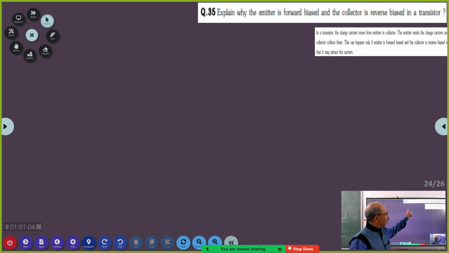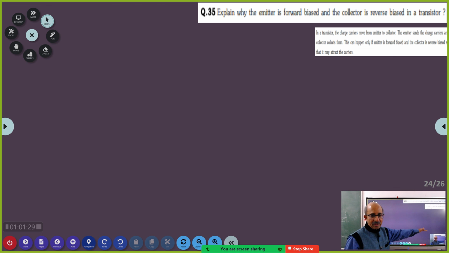Then you make the collector-base junction reverse biased. The minority charges in the base are nothing but the majority charges from the emitter which have been injected into the base, and because of the reverse bias of the collector-base junction, these are swept across.